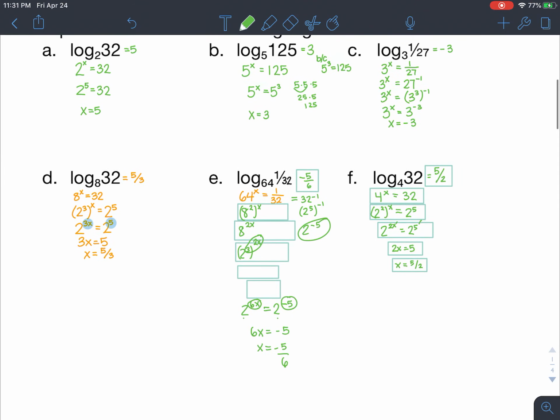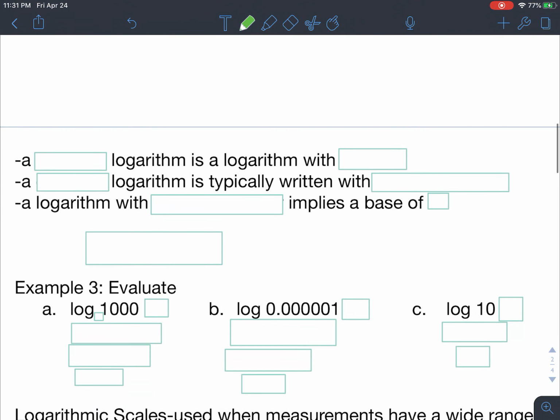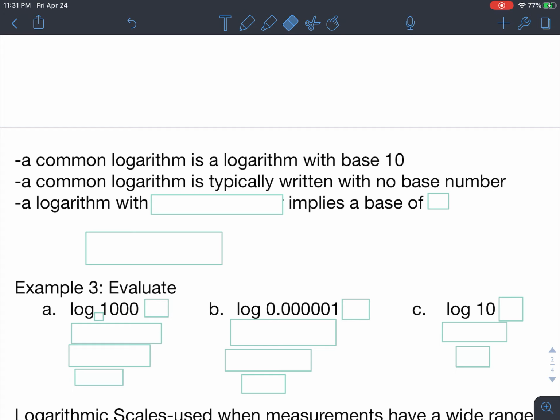Next we're going to talk about common logs. A common logarithm is a logarithm with a base of 10. A common logarithm is typically written with no base number at all. A logarithm that has no base number implies that there is like an invisible base of 10.